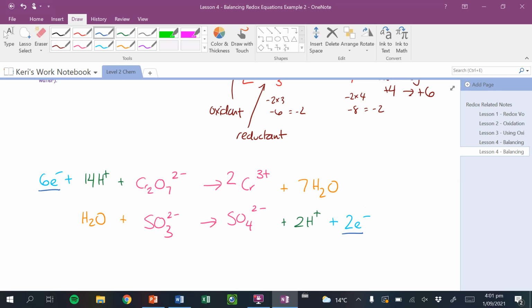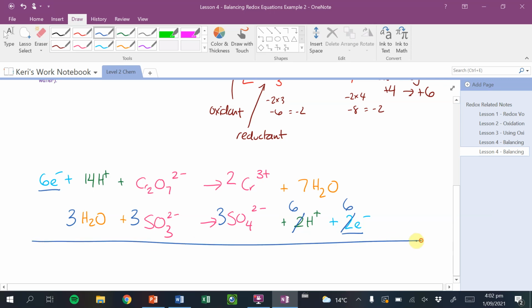So if I'm going through and multiplying everything by 3, it'd be 3 H2O, 3 sulfites, 3 sulfates. That 2 now becomes a 6 because it's 3 times 2, and that 2 becomes a 6 because, again, 3 times 2. So that is my new half equation that I have.